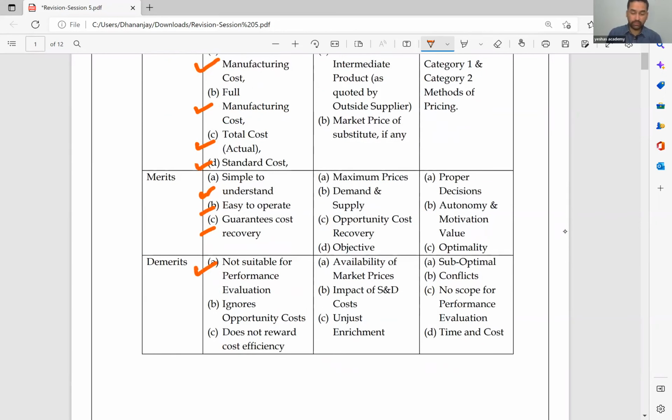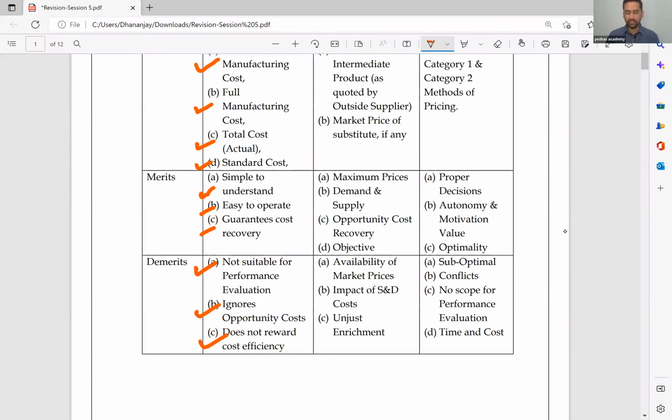Demerits: it is not suitable for performance evaluation. At the end of the year, you will not get to know which department is performing well. Have we spent more? Have we spent less? Which department is to be given reward and recognition for good performance? Because there is no way you can measure the performance. Whatever they spend, they transfer it at that cost. Second, it ignores opportunity cost.